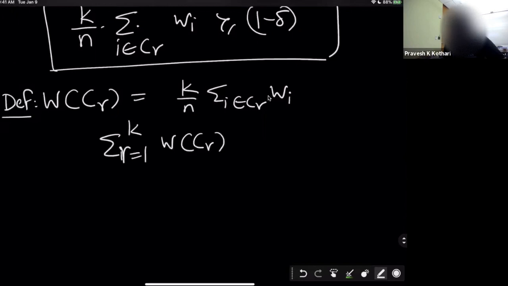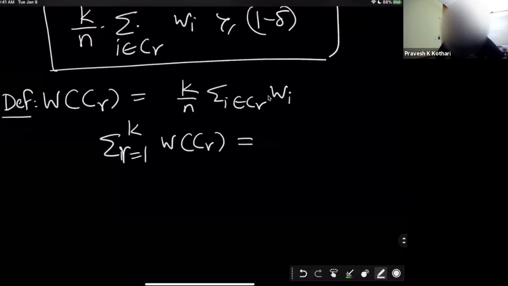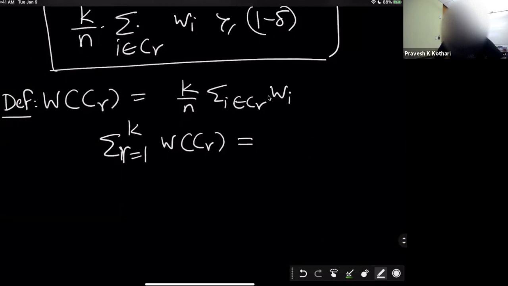Actually, before even writing that, and just to check if you're all following, what is this sum supposed to be? If I sum up WCRs from 1 through K, what should I get? Remember, WCR is a fraction of points from C hat that intersects C sub R. What happens if I sum up all of these fractions? 1.